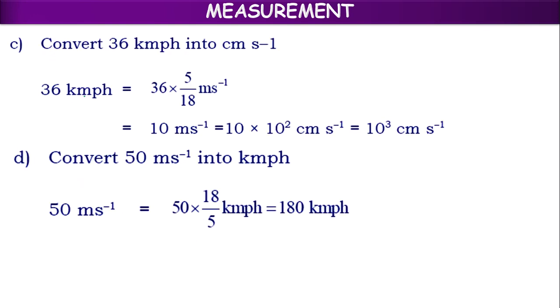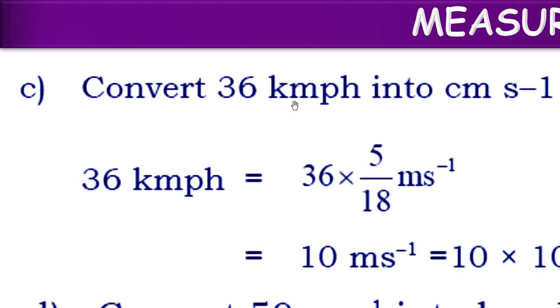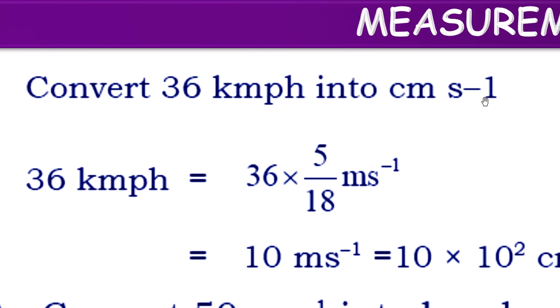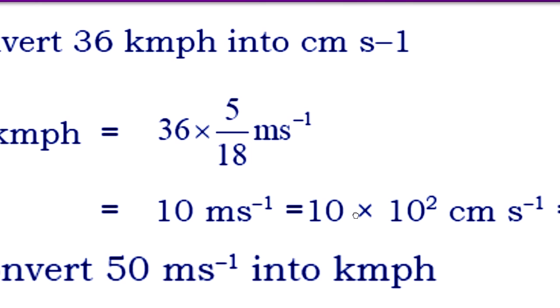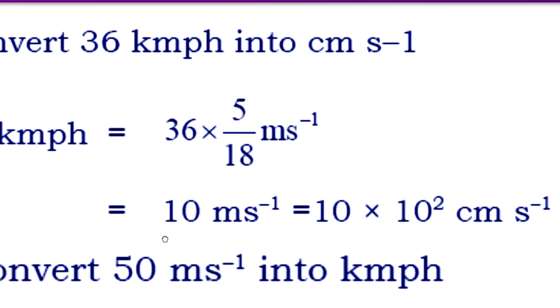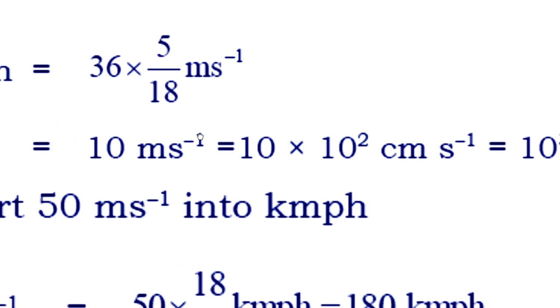Like this we can convert the derived quantity speed. Next one. Convert 36 kmph into centimeter per second. Not meter, children, centimeter per second. First we have to change into meter per second, then we have to change into centimeter. So 36 kmph can be converted into meter per second by multiplying with 5 by 18. 18 2 times 36, 2 5 times 10. 10 meter per second.